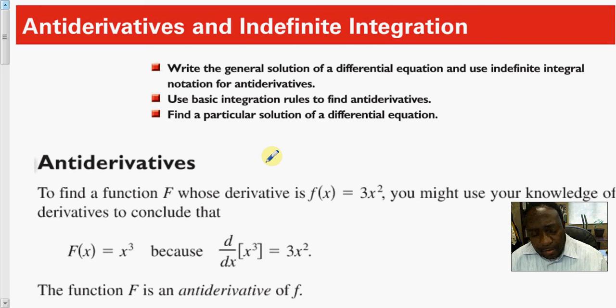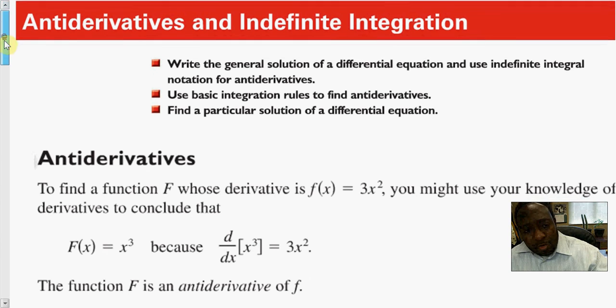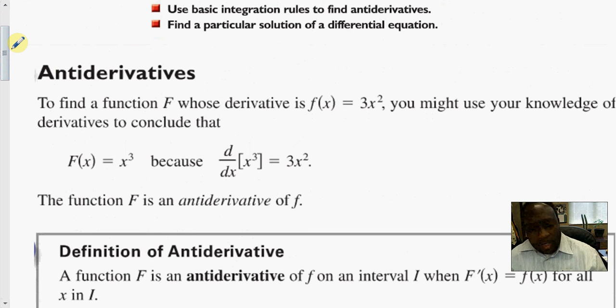The antiderivative, or the indefinite integral, is said to be no more than the inverse of the derivative itself. So when you take the derivative of a function, that which remains, or the result of that, is said to be an antiderivative. Let function capital F with its derivative little f of x equal 3x squared.